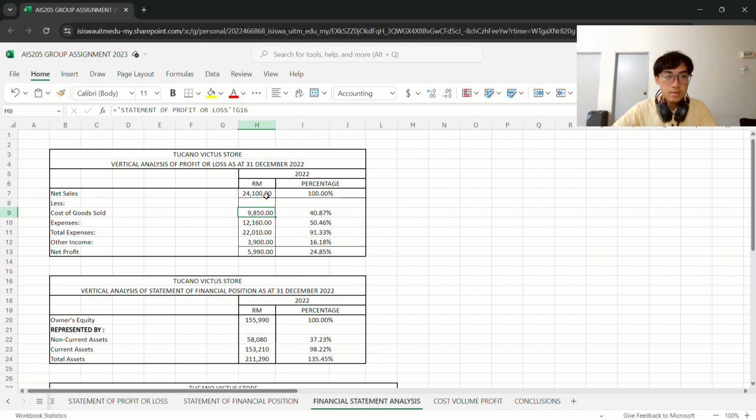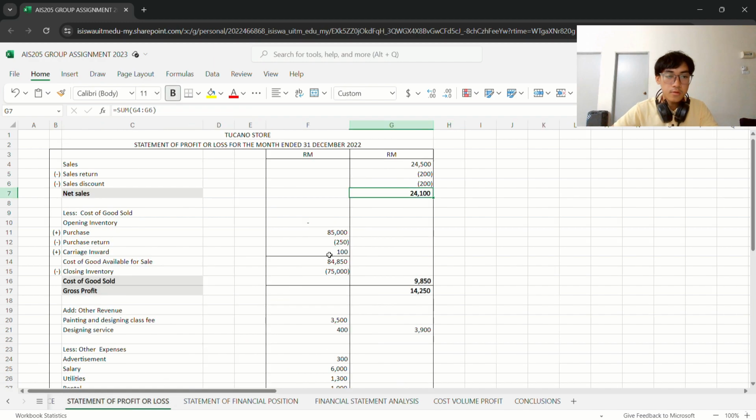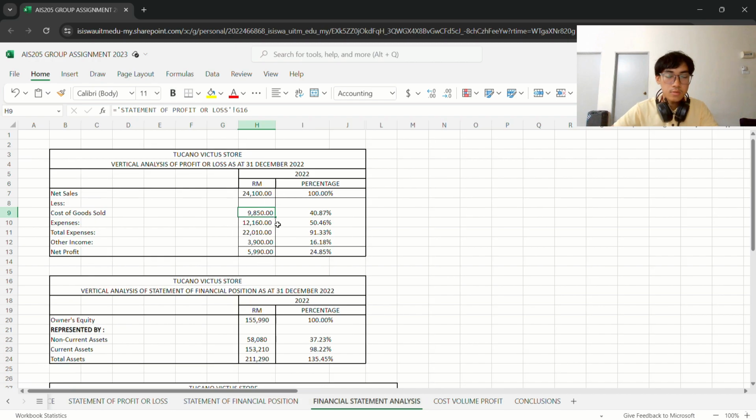Same like the net sales cell, we write equal and then go to the statement of profit or loss and then find the G16 cell and then we click enter, and then the amount will automatically appear like the net sales.